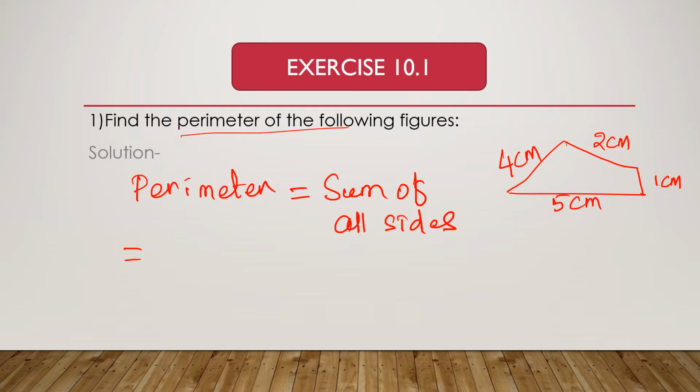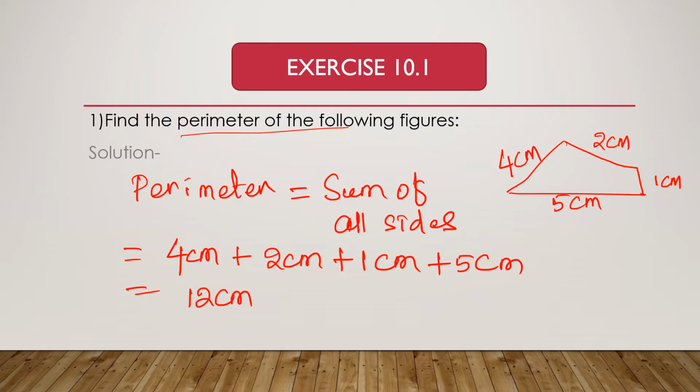The sides are 4 centimeter. So we have to add all sides: 4 centimeter, 2 centimeter, 1 centimeter and 5 centimeter. So 4 plus 2 is 6, 6 plus 1 is 7, 7 plus 5 is 12. 12 centimeter is the perimeter of this given figure.